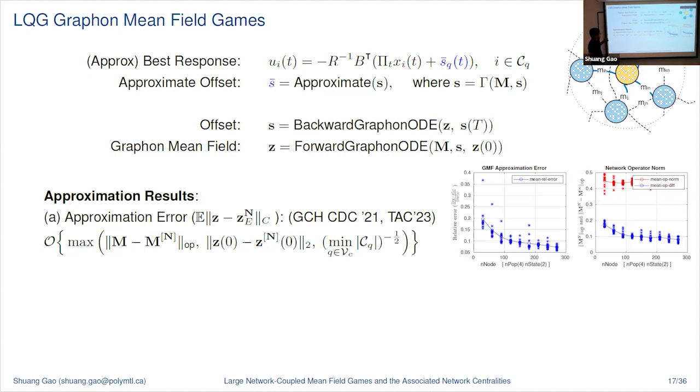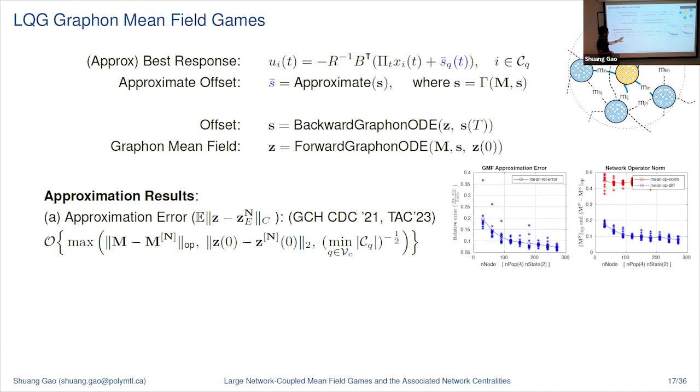So there can be two types of approximation results, depending on what criteria you are looking for. One way is to look at the graphon mean field in the limit, and this is the empirical network average. You look at them as continuous functions and you compare the distance. And this distance is of the following order. It involves several terms.